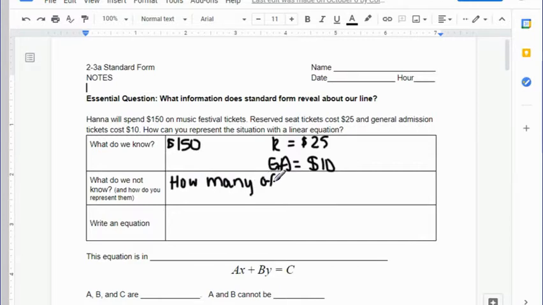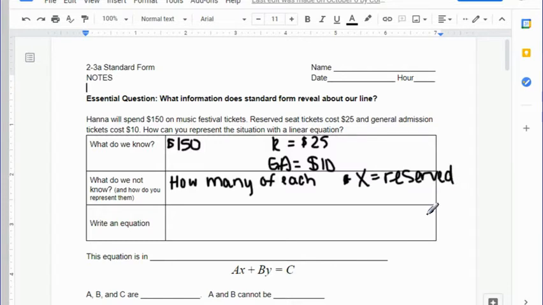So the reason why you would use a form like this instead of the other two that we've been using is you've got two completely separate things this time. You've got reserved tickets that cost one price, and you've got general admission tickets that cost another price. You can't use the same letter for that because they don't cost the same. So X is going to stand for reserved tickets.